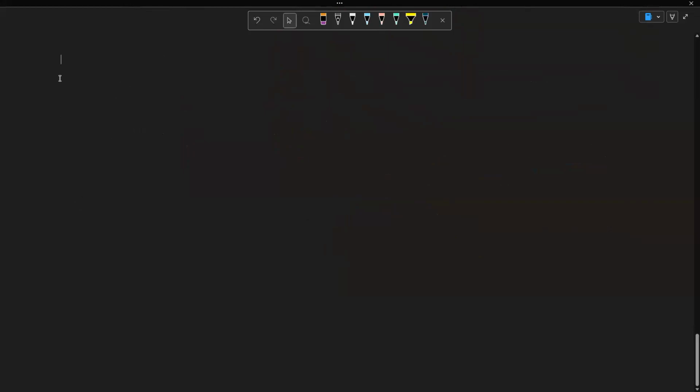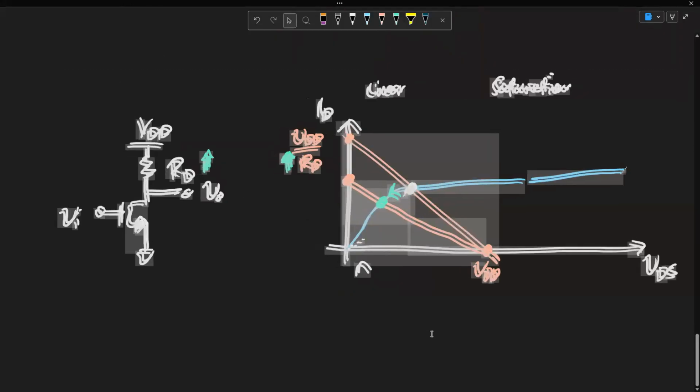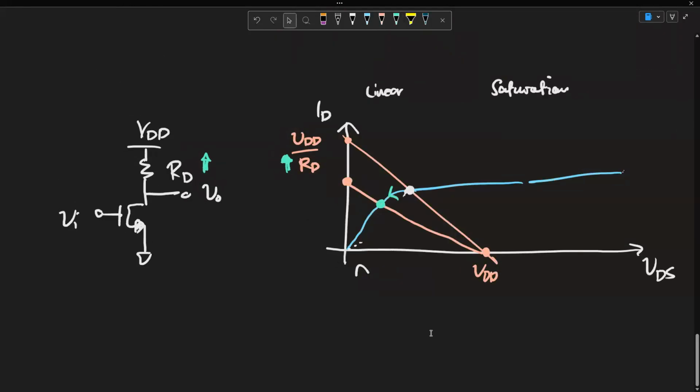So lastly, on the topic of the load line, we can change VDD.